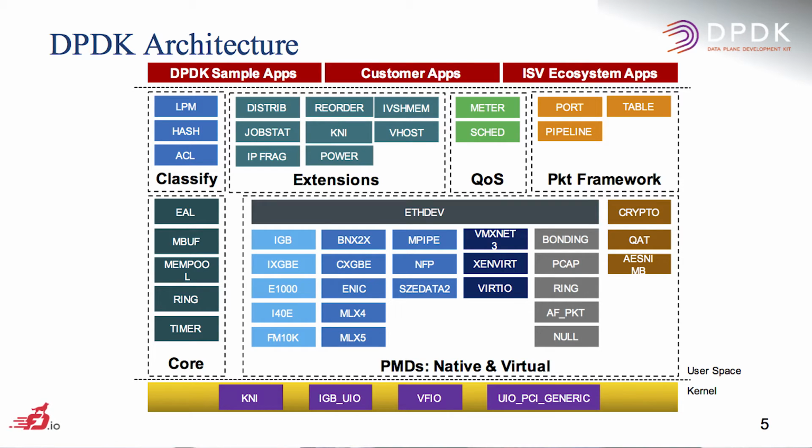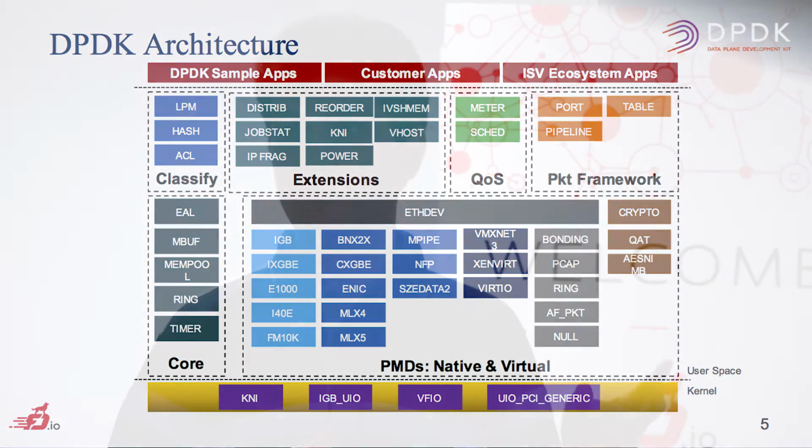As Damian also said, VPP is using 1 gigabyte huge pages. This is actually a hardware feature of the CPU. You have to check with your CPU manufacturer whether this huge page feature is supported or not. On Intel CPUs, we do support 2 megabyte pages and 1 gigabyte pages in DPDK.